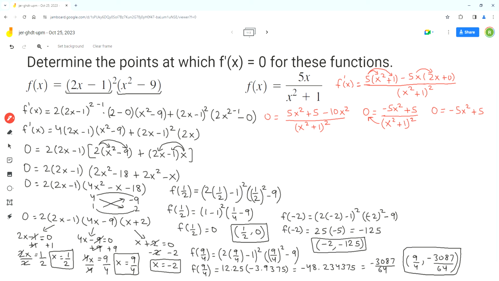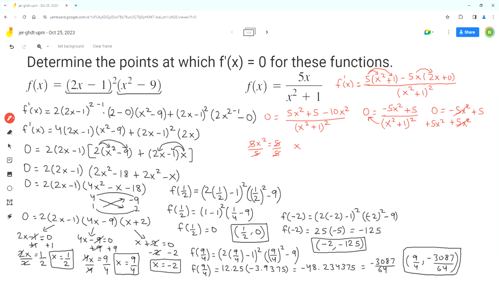Now we can move the x term to the left side by adding 5x squared to both sides. So 5x squared on the right side will cancel out and we get 5x squared equals 5. And now we can isolate x by dividing both sides by 5. So the 5s on the left side will cancel each other out and same on the right side.